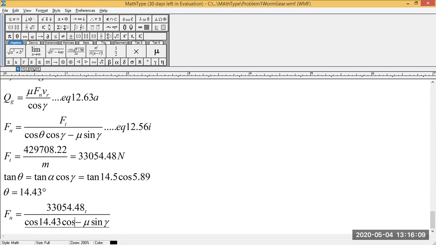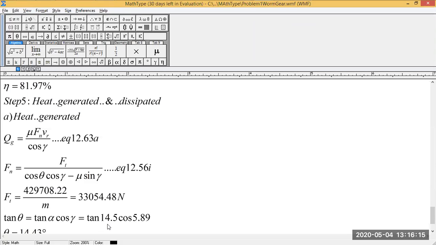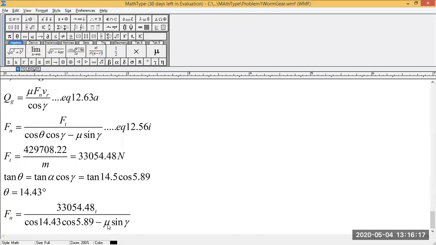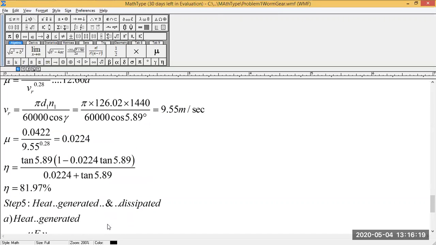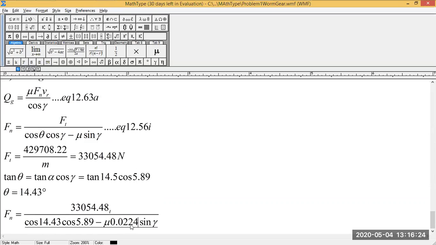Cos 14.43, cos gamma. Gamma is 5.89. What is mu? 0.0224. Then gamma again is 5.89. Okay, so let's solve this.